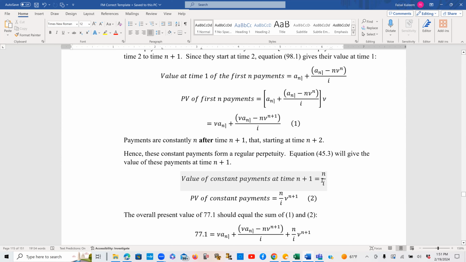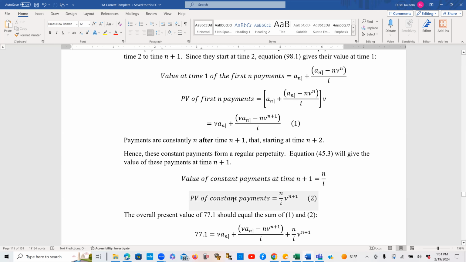So now remember, we are dealing with the payments once they level off at time n, and the first of these is at time n plus 2. So the perpetuity immediate formula will give their value 1 period before the first payment, so it will give it at time n plus 1, because n plus 1 is 1 period before n plus 2.